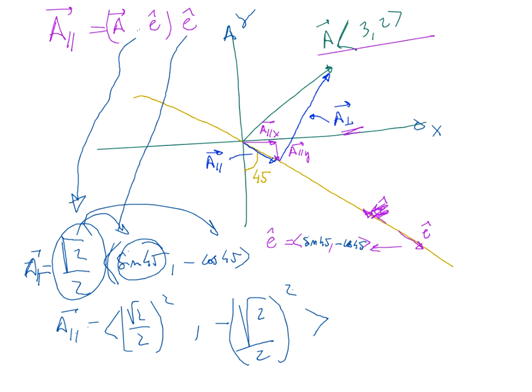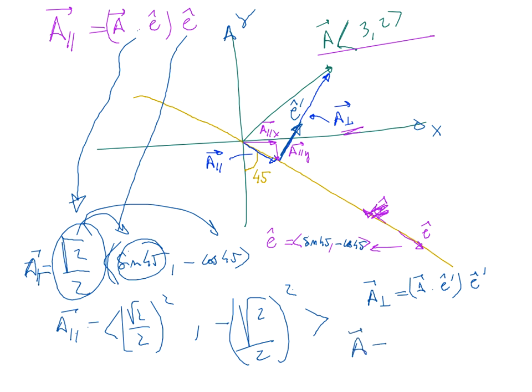Yeah? Perfect. Now we could do the same thing with A perpendicular. A perpendicular would be vector A dot E prime. And E prime will be the unit vector along this direction. And you will learn in Calc 3 how to figure that out. In science, we decided, too much work.